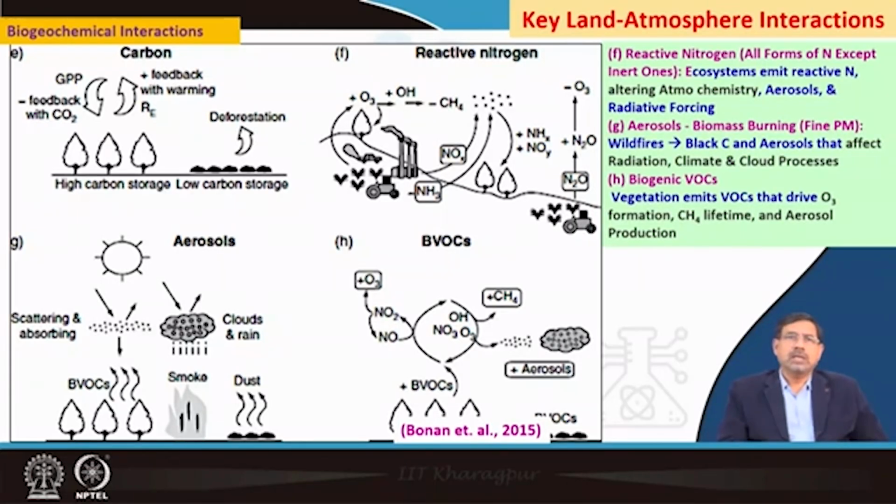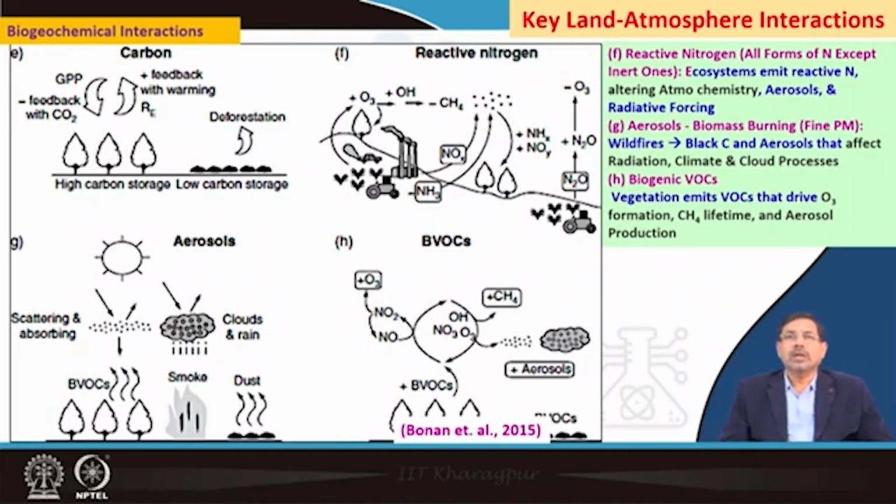So here, in terms of carbon, we have the GPP, gross primary productivity, the feedback, the warming, and RE, the respiration, sometimes called maintenance respiration. Then other activities also lead to the carbon pathway or carbon cycle through the vegetation route, like reforestation, afforestation, deforestation, the high carbon storage and all those things, which are shown on the upper left side.